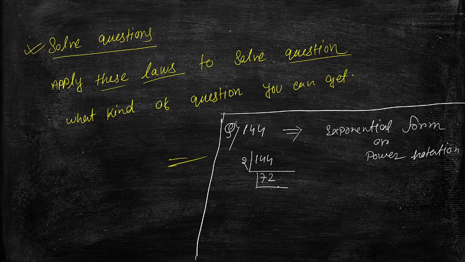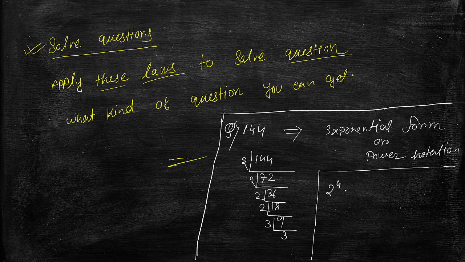Divided by 2 is 72, again divided by 2 is 36, again divided by 2 is 18, again divided by 2 is 9. So 9 is 3 into 3, right? So 2 is coming 4 times and 3 is coming 2 times, right? So 2 to the power 4 into 3 to the power 2.